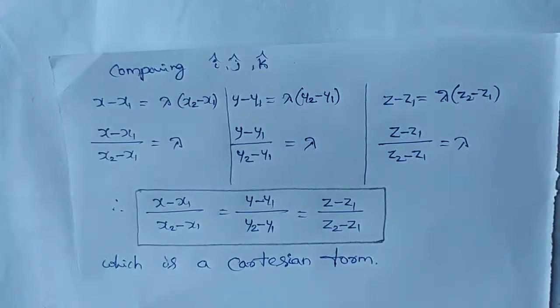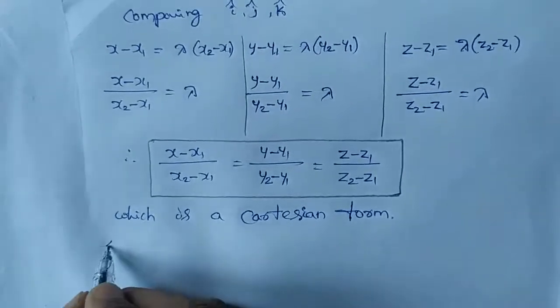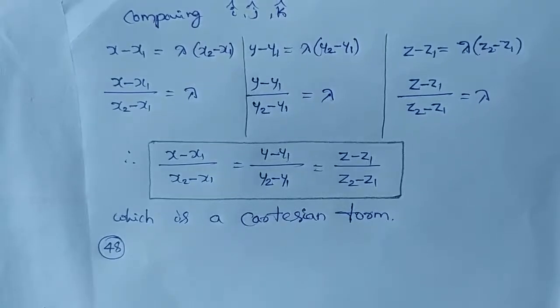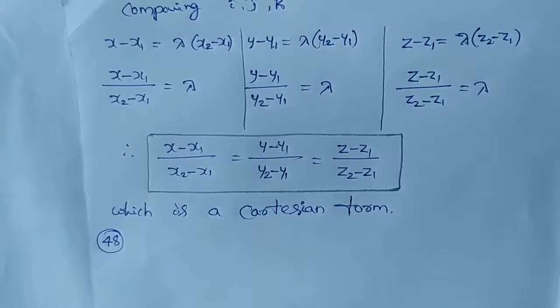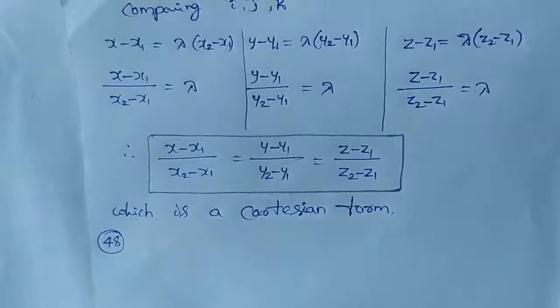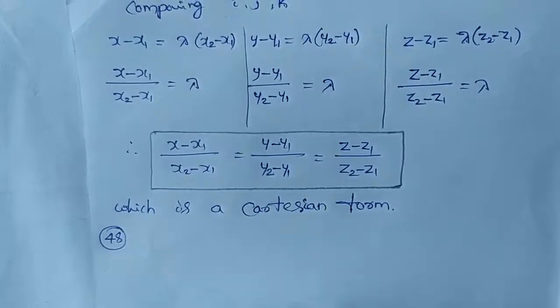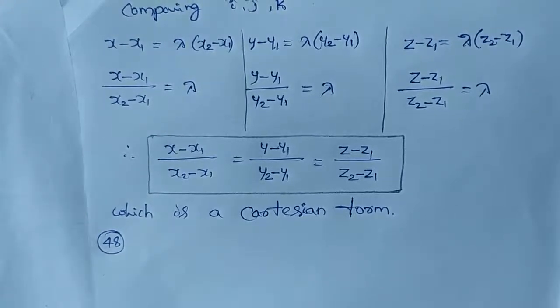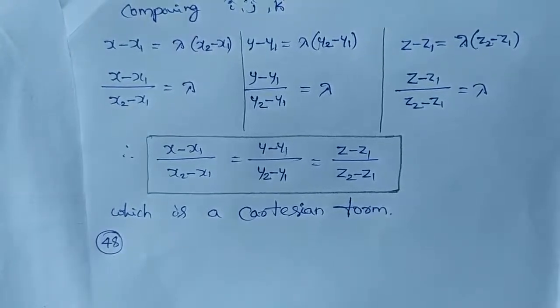Now we will move on to the next question, the 48th question. That question belongs to probability. Just read that question twice or thrice. The probability of solving a specific problem independently by A and B are 1 by 2 and 1 by 3 respectively.